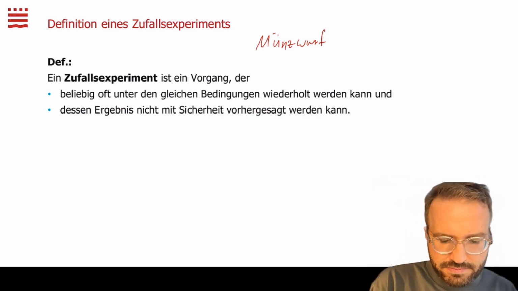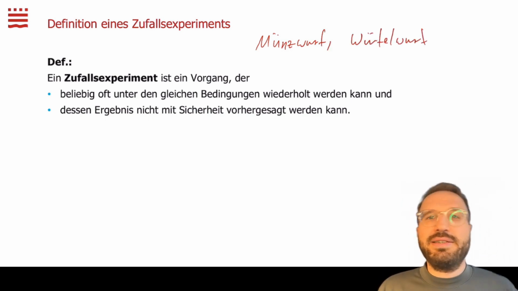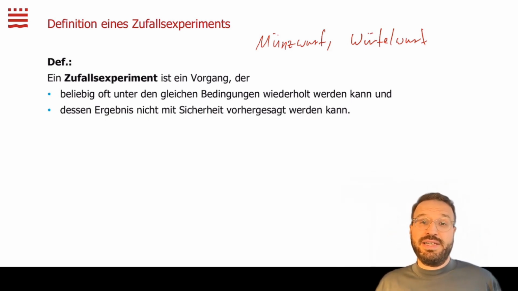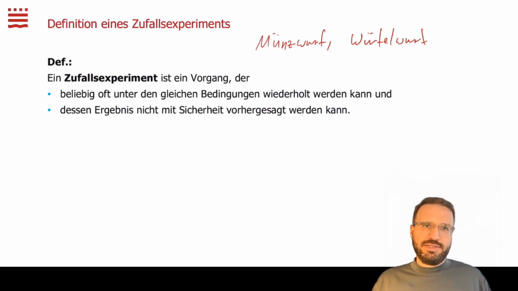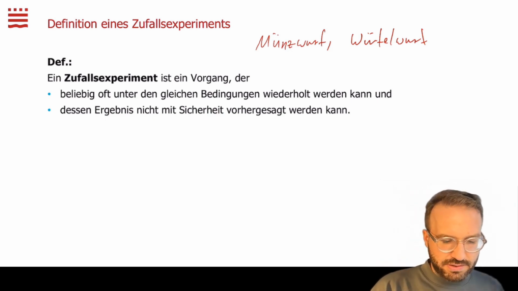And the other very popular random experiment is the dice roll, which is essentially the same. I can also repeat the dice roll any number of times and cannot say with certainty what the outcome will be. The only difference is that there are 6 possible outcomes in the dice roll, while in the coin toss there are only 2, which makes the coin toss a bit easier. Okay, so that is a random experiment.